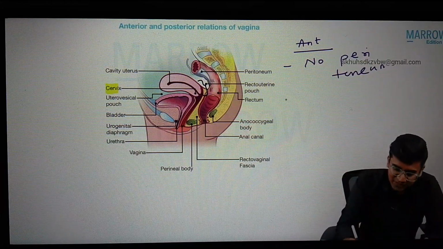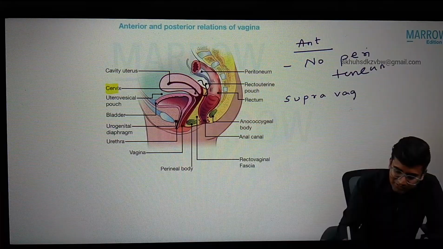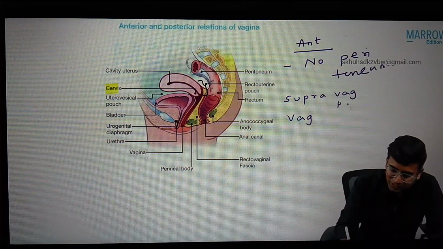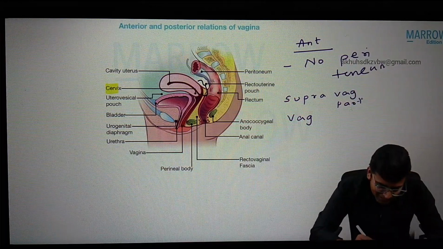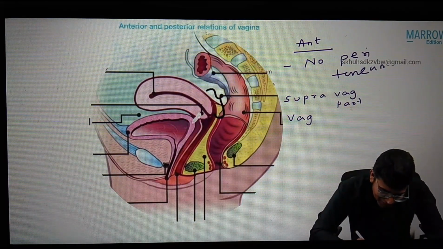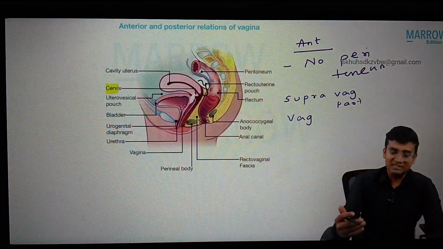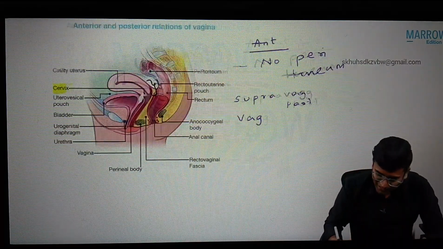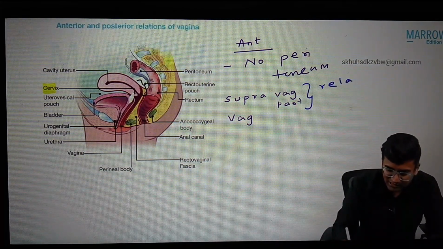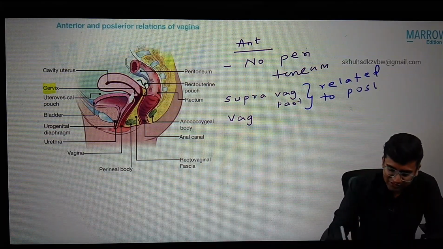Now what are the relations of the supravaginal part and the vaginal part? See the diagram here. Anteriorly, the supravaginal part is related to this one. What is that? It is the bladder, the posterior surface of the bladder.